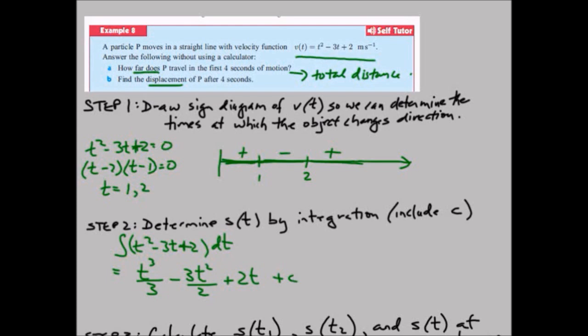Okay, now we need to figure out what is c. So do we know what c is? Sometimes we will, sometimes we won't. We do not have any points given to us, any actual points on that function, so no, we can't figure out what c is. Going to have to keep it.